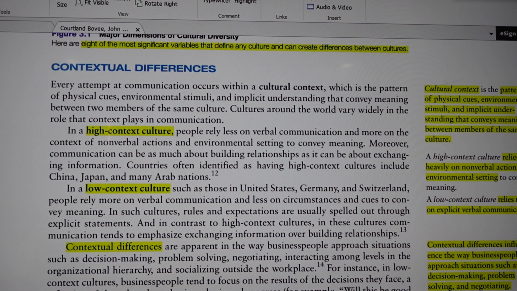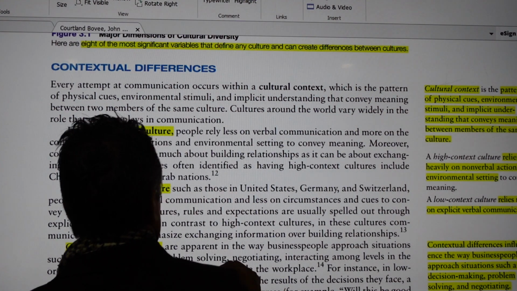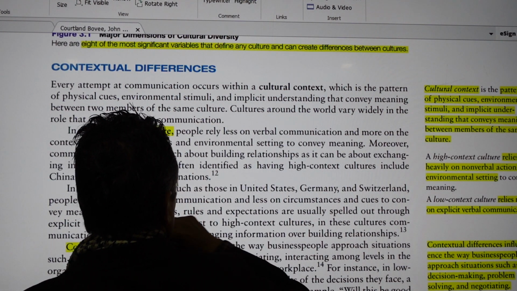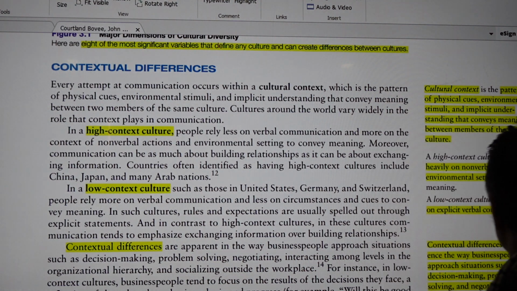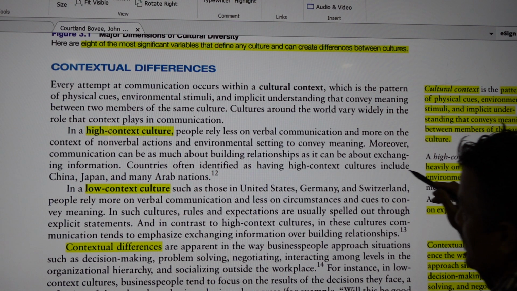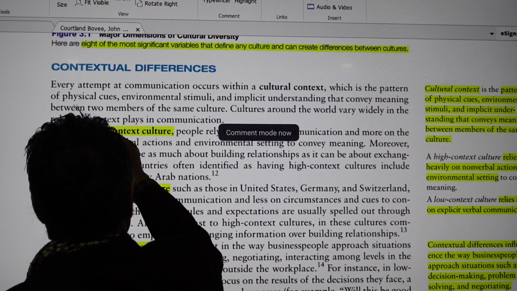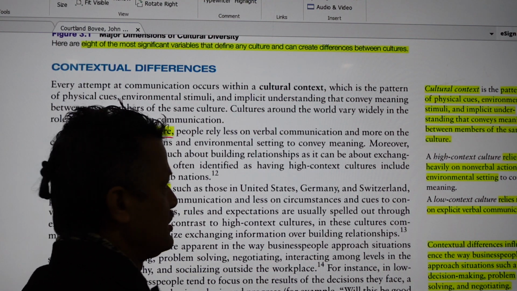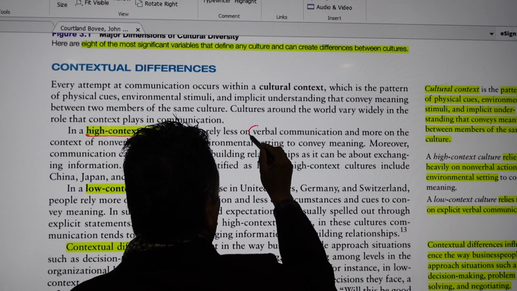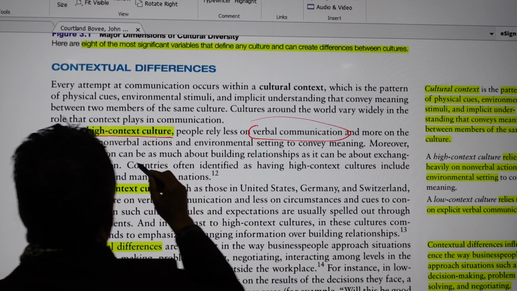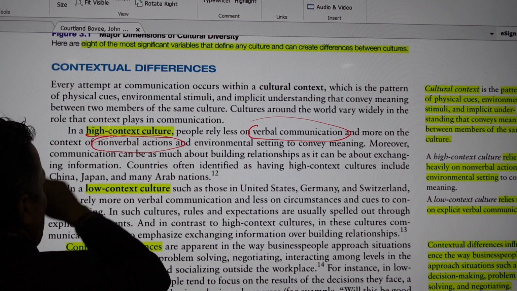Okay, let's talk about the contextual differences. What is high context culture? In high context culture, people use less verbal communication and they use more non-verbal communication.